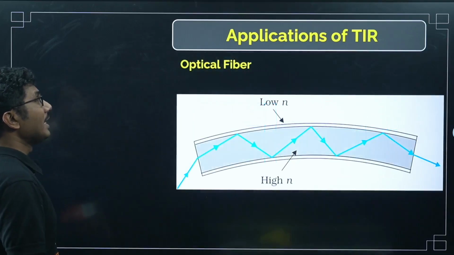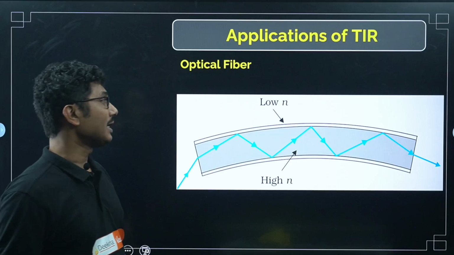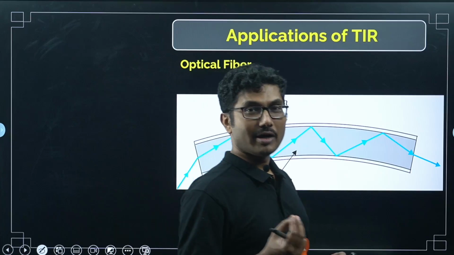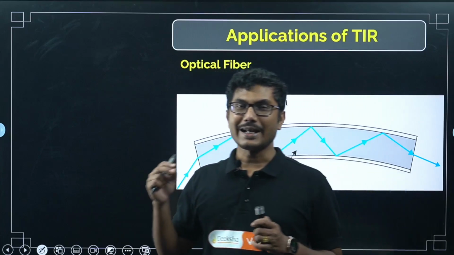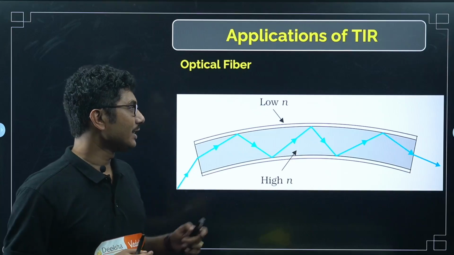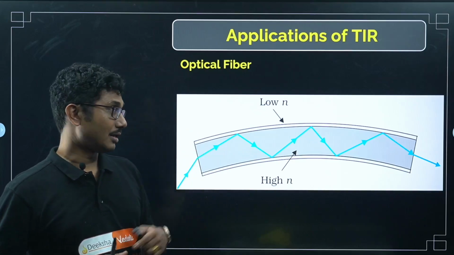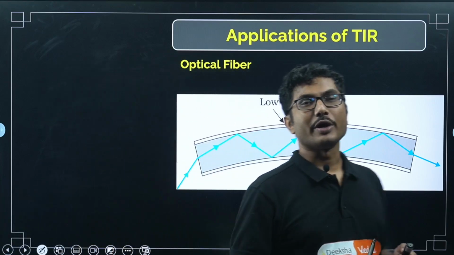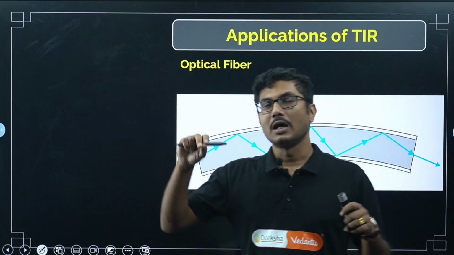There is one more very important application of TIR: optical fiber. Nowadays we all use the internet in our life, right? That internet is basically transmitted using cables called optical fiber. These optical fiber cables are located across the world, including undersea.